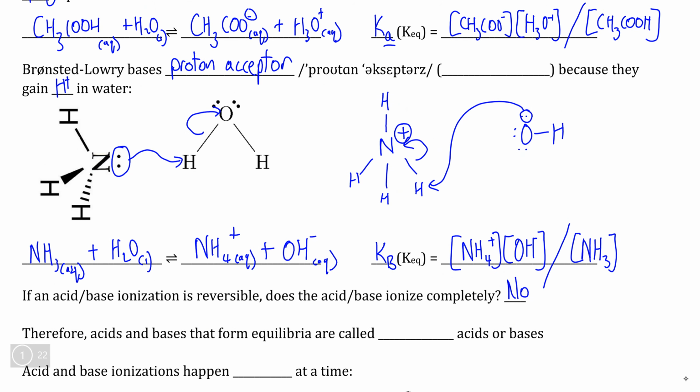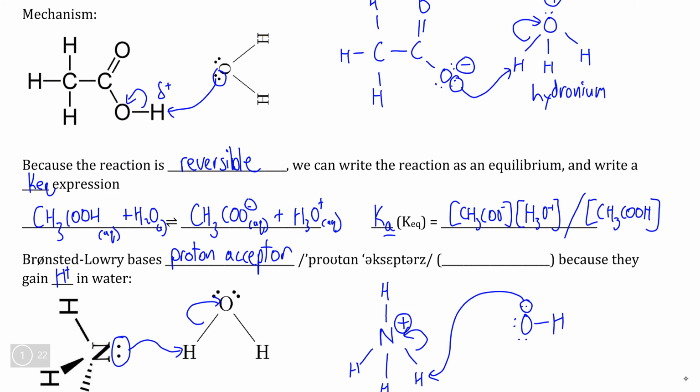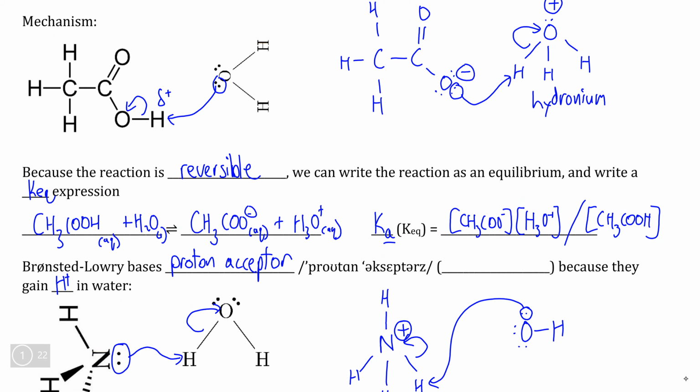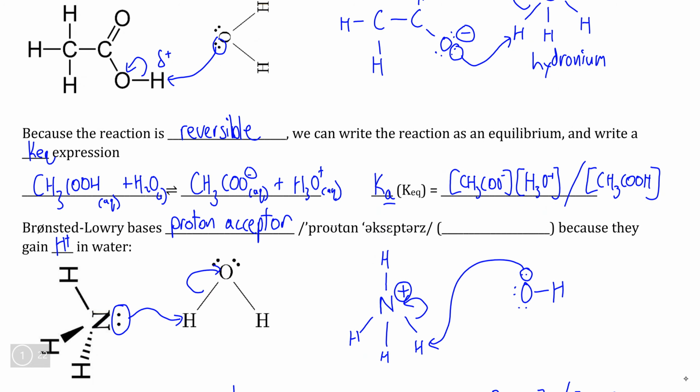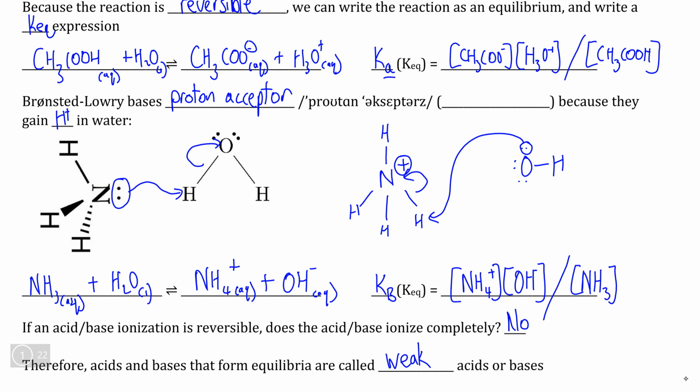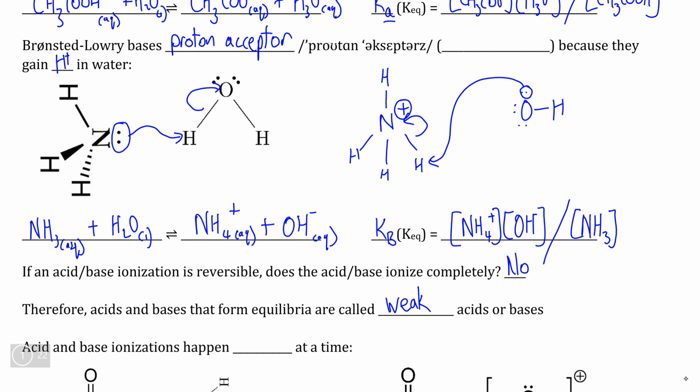Therefore, because these acids and bases do not ionize completely, these are what we call weak acids and bases, unlike strong acids and bases like, for example, HCl and NaOH. Strong acids and bases do ionize completely and therefore do not have a reverse reaction and do not form equilibrium situations.